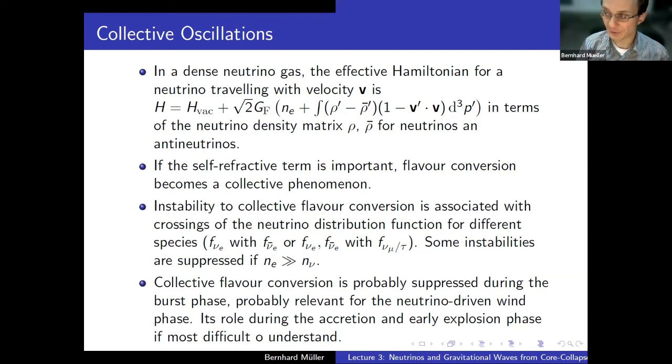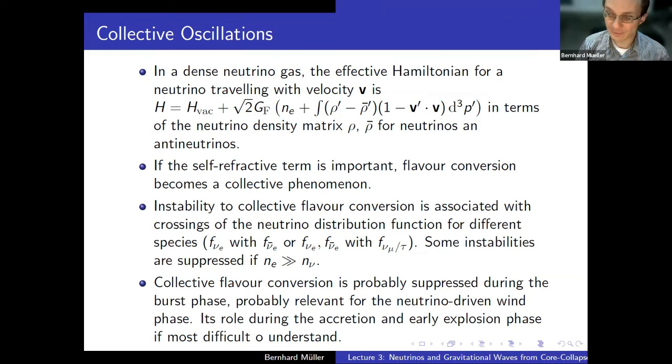And you can then ask, so what does this actually matter for the neutrino signal in its interpretation? And the answer is, I think we can't fully tell yet when this matters. There's probably good grounds to believe that this collective flavor conversion can have significant effects during the late neutrino-driven wind phase, among other things, because there the matter potential in the Hamiltonian becomes less important compared to this neutrino potential in the vicinity of the neutron star.